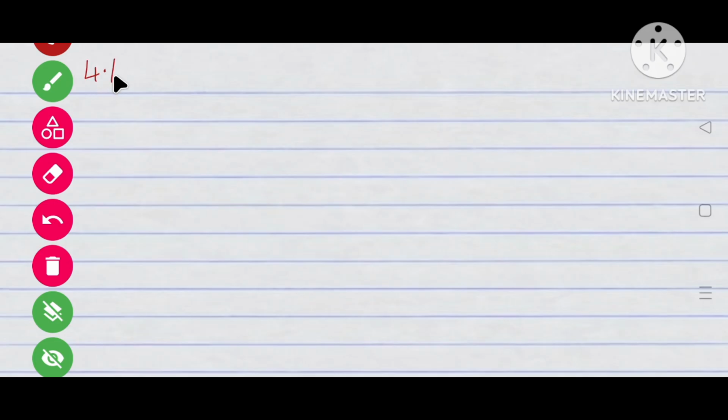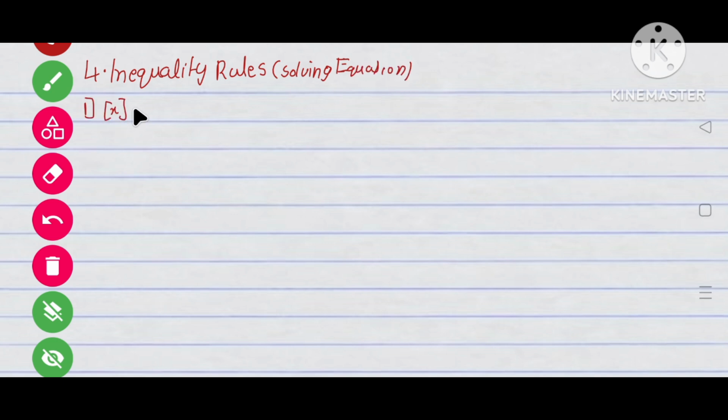Now we will go to the inequality rules. These rules are vital for finding the domain of functions involving square roots or logarithms. What will happen? Step x is greater than or equal to n. x is always greater than or equal to n only.